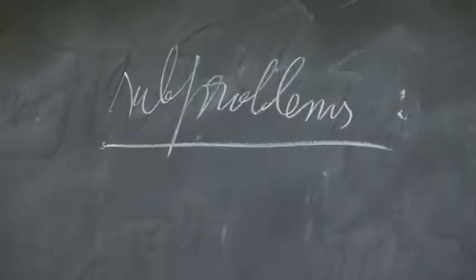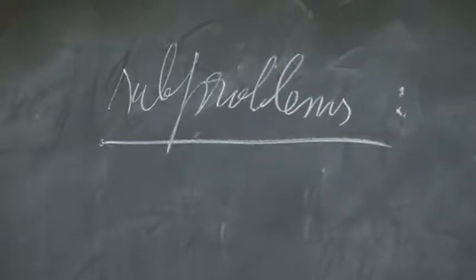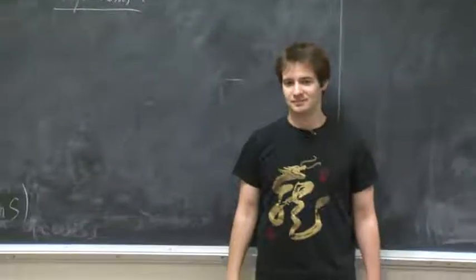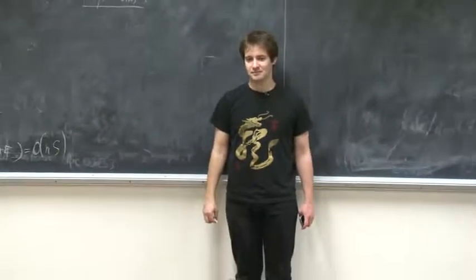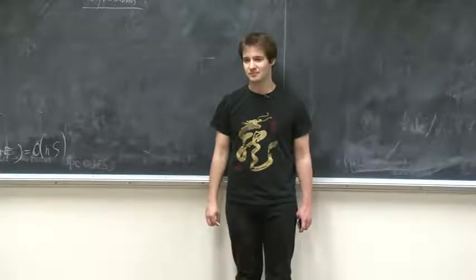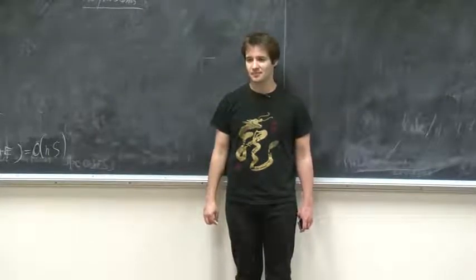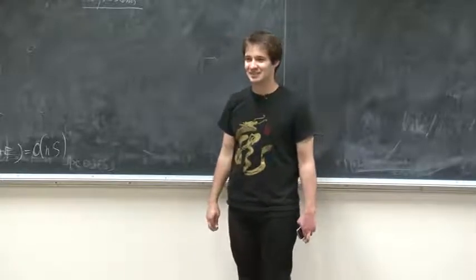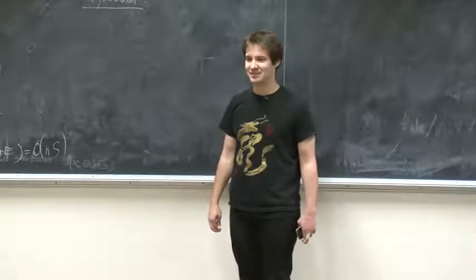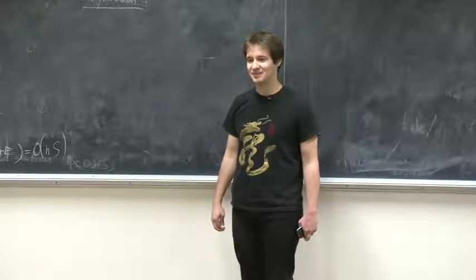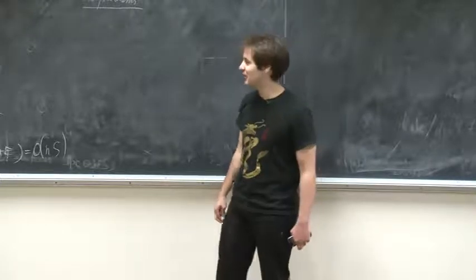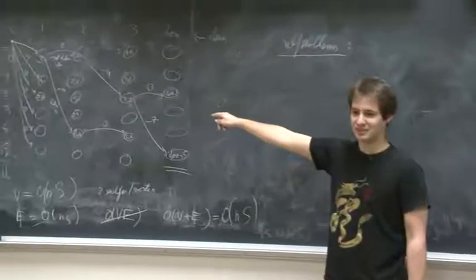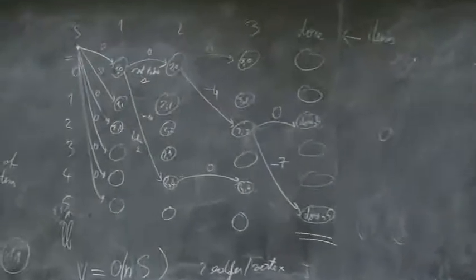So what are the subproblems? First off, how many subproblems am I going to have? NS. I just said that one subproblem will map to a vertex in the graph. NS vertices, NS subproblems, right?